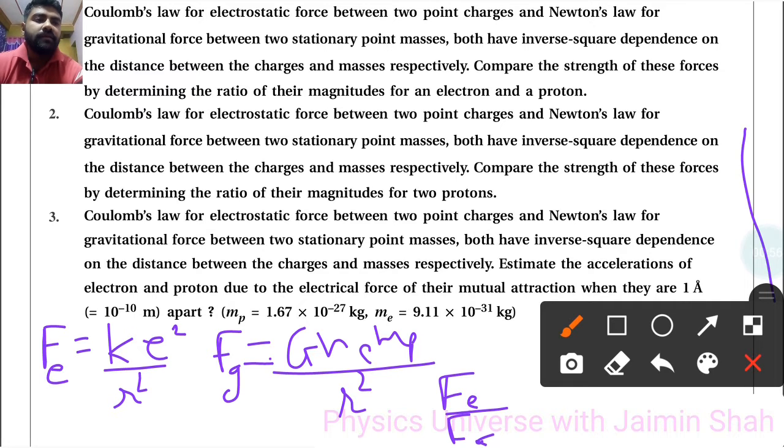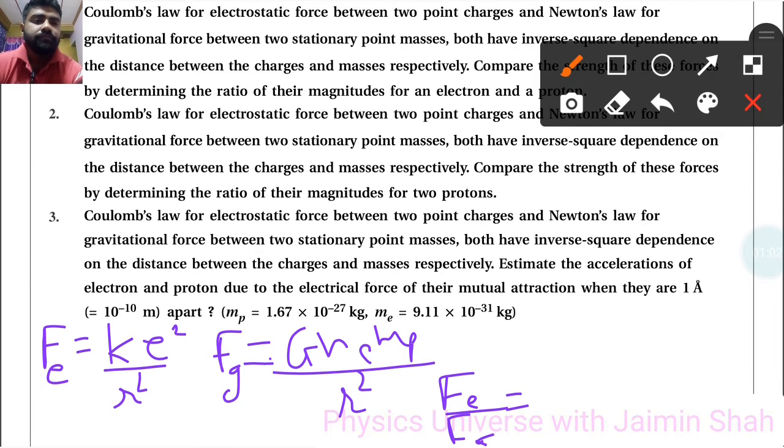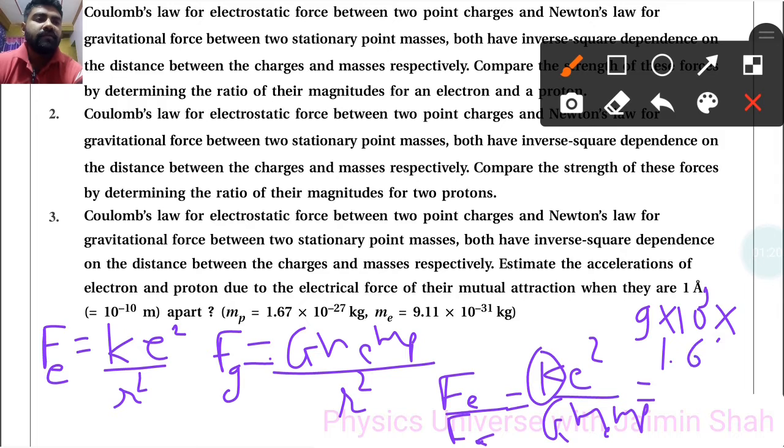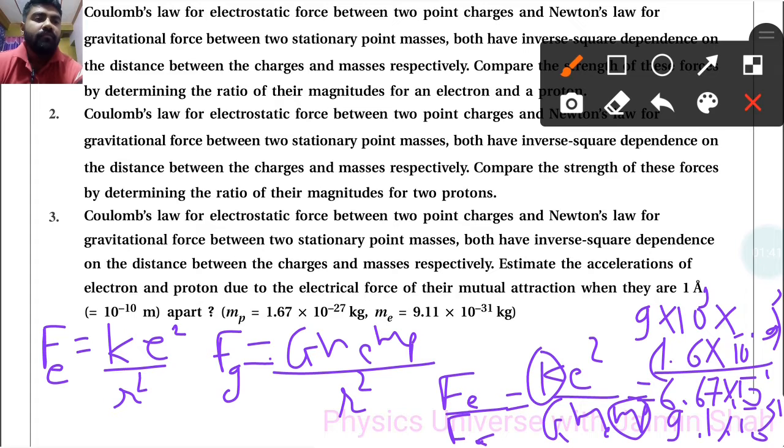So Fe upon Fg here is equal to k e squared upon G m_e into m_p. The value of k is 9 into 10 raised to 9, e is 1.6 into 10 raised to minus 19 squared, upon G, that is 6.67 into 10 raised to minus 11, and m_e is 9.1 into 10 raised to minus 31, and m_p is 1.67 into 10 raised to minus 27.